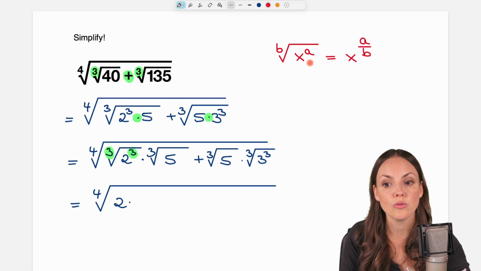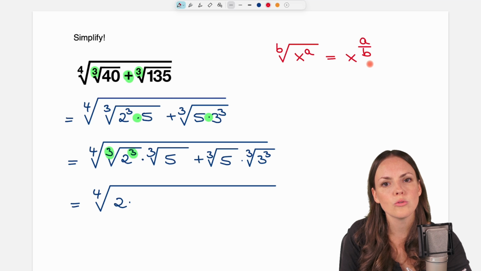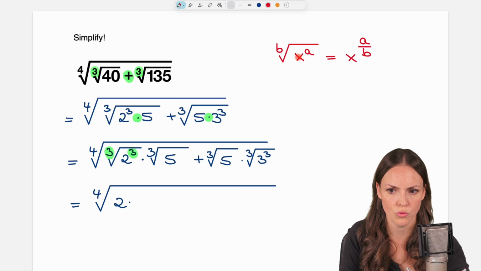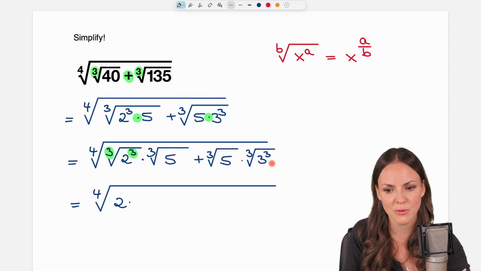So instead of roots, you can always write them as powers, and usually people know the rules for powers better than the rules for roots. So your choice. We have worked with roots here the entire time, but as an explanation why this results in a 2, we can use this rule here.